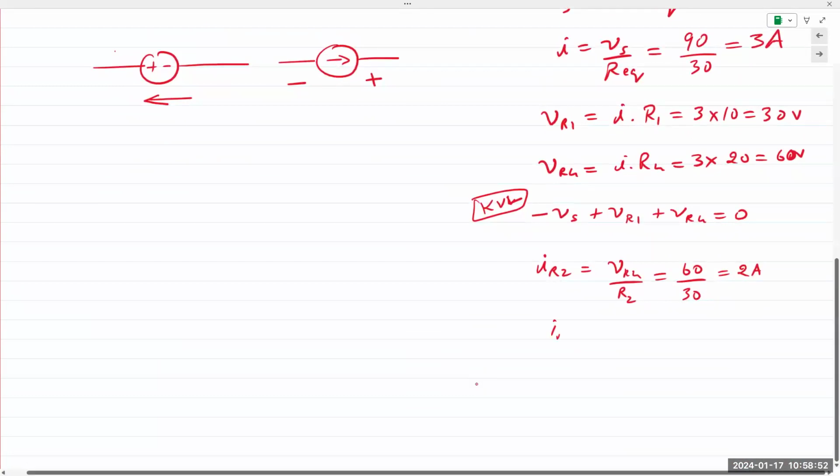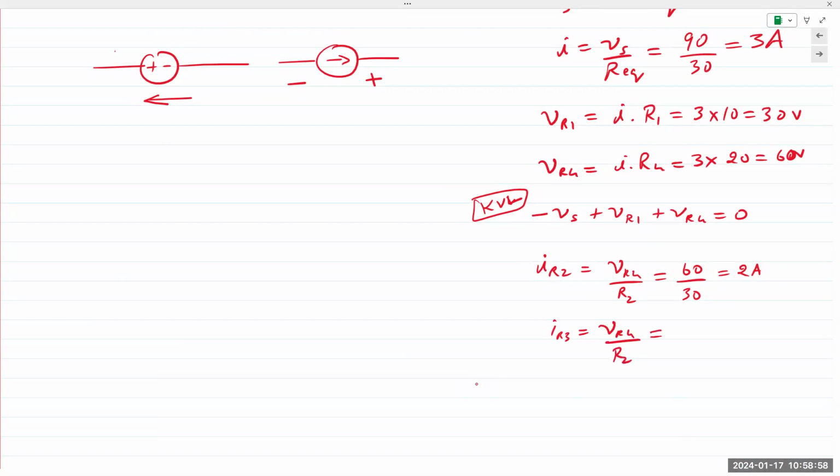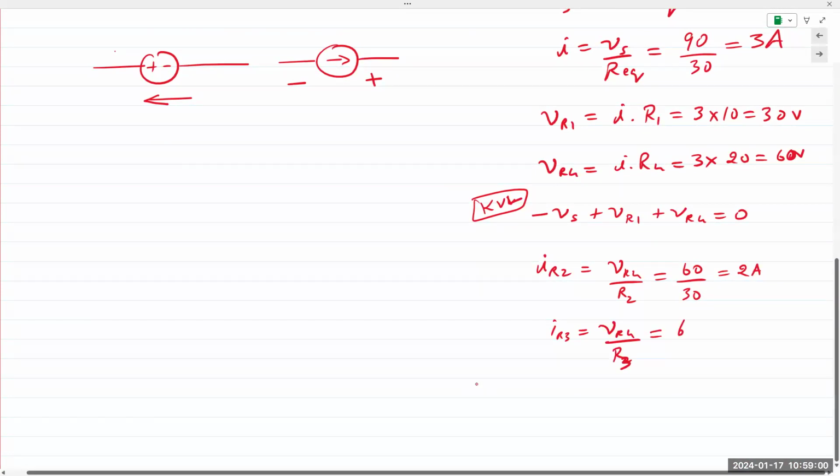And then IR3 is VR4 divided by R3. 60 divided by 60, 1 amp.